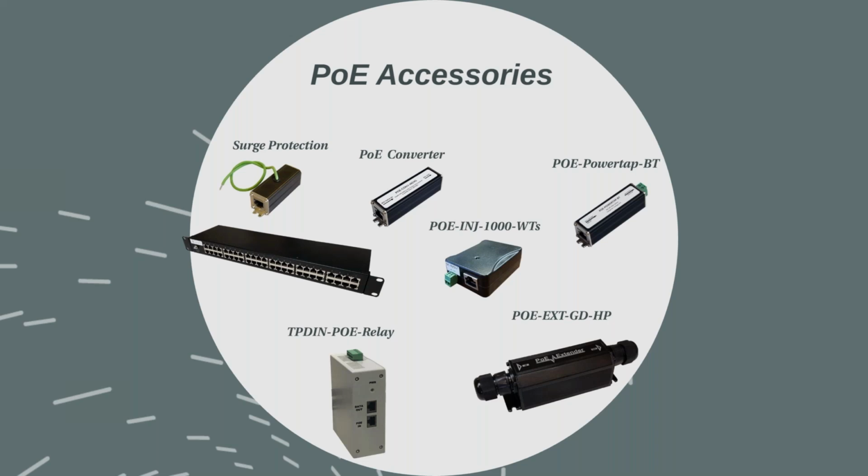The PoE INJ-1000, there are actually 3 different models of this. We have a WT, a WTX, and the main difference is it's a wire terminal, but it's how the positive and negatives are on a specific set of pairs. Some devices are that specific where they require positive and negatives on certain pairs.